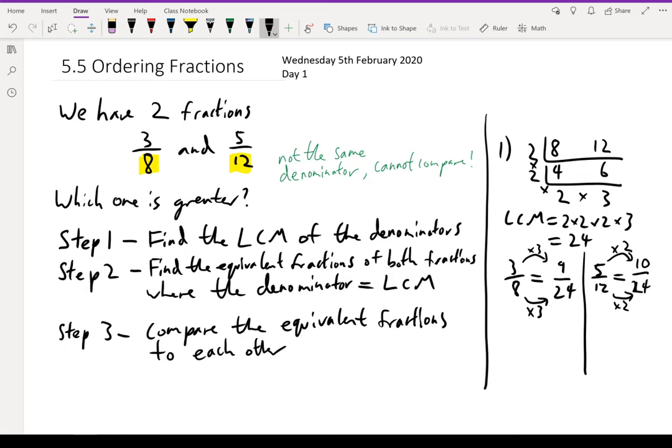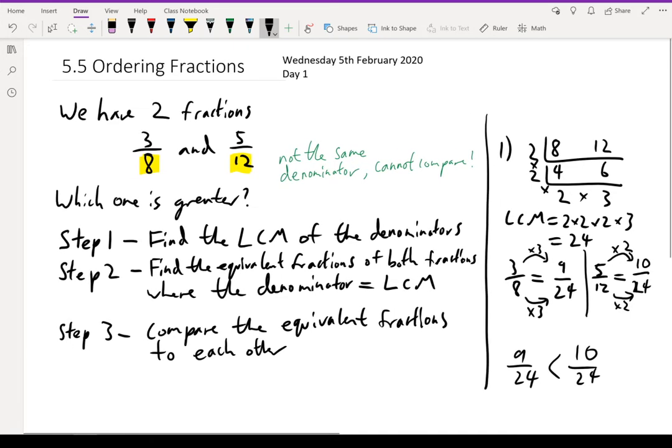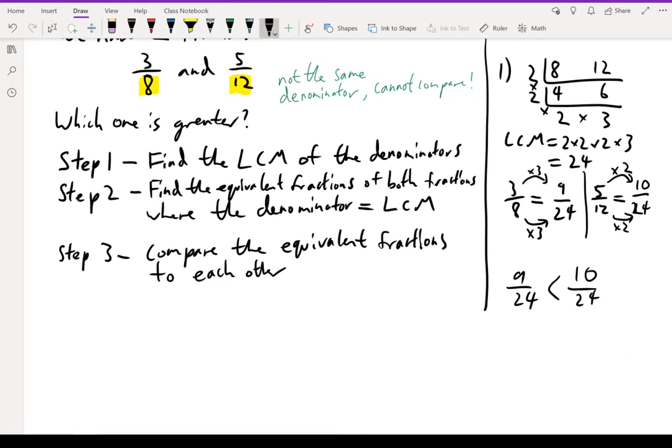So now that we've got 9 over 24 and 10 over 24, which one is bigger? 10 over 24 is bigger. And so now that we know 10 over 24 is bigger, I need to go back to our original fraction and say that 5 over 12 is greater.